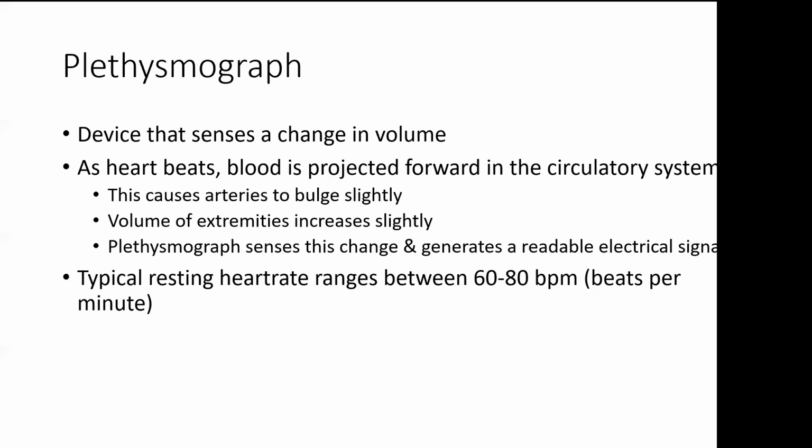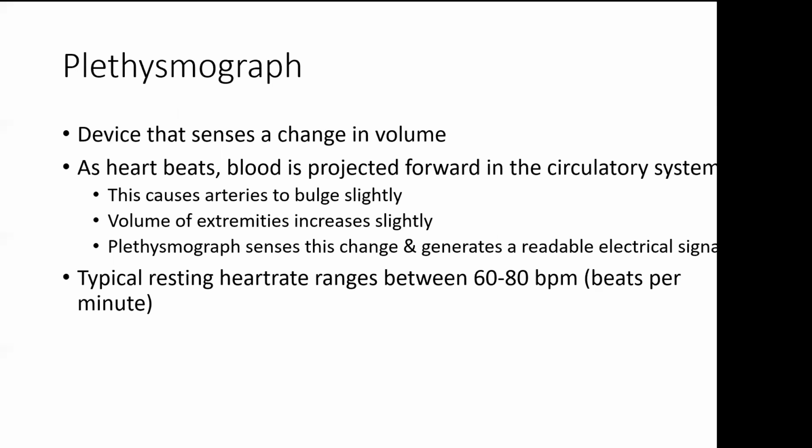You often can't see this, although on some people you can. My arteries are very deep, but some people have ones that kind of stick out and you can see them. But what happens in everyone, whether you can see it or not, is that the volume of the extremities, so the ends of your body, so your fingertips, for example, that's where you would usually attach a plethysmograph, actually increases slightly. So the volume of that piece of your body increases slightly because there's more blood, so it swells a little bit in the same pulse as the heart beats.